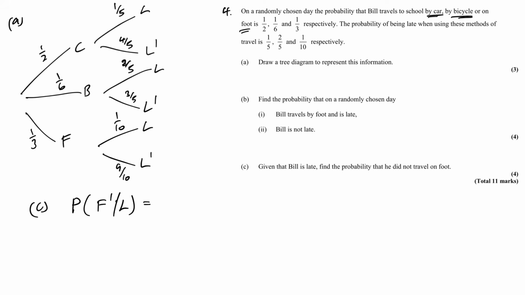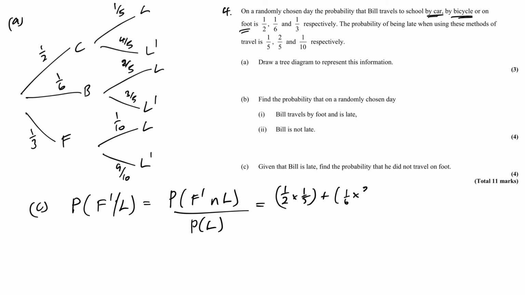Okay, so the probability of not foot and late over the probability of late. So not foot and late is going to be 1/2 times 1/5, as that's car and late, or 1/6 times 2/5, as that is bus and late.